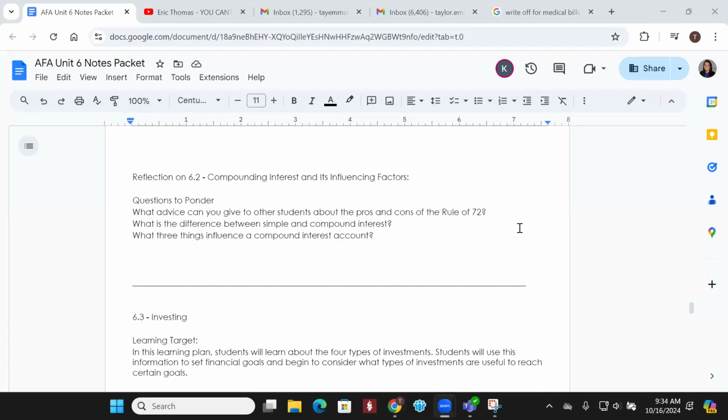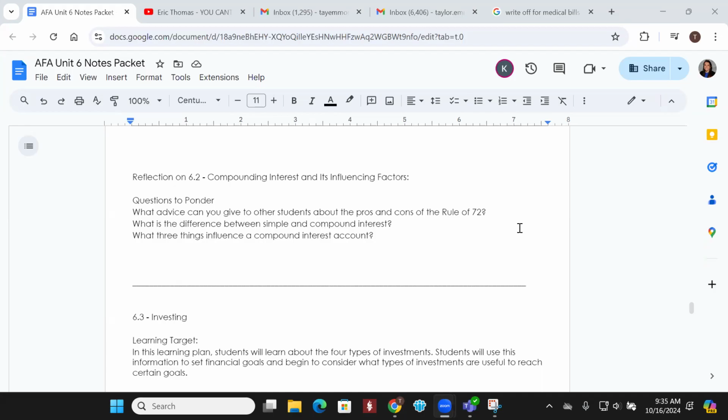All right, so what advice can you give to other students about pros and cons of Rule 72? Not the exact time, but pretty close, right? Like, again, guidelines. What's better about the Rule of 72? What makes it better for you or worse for you?